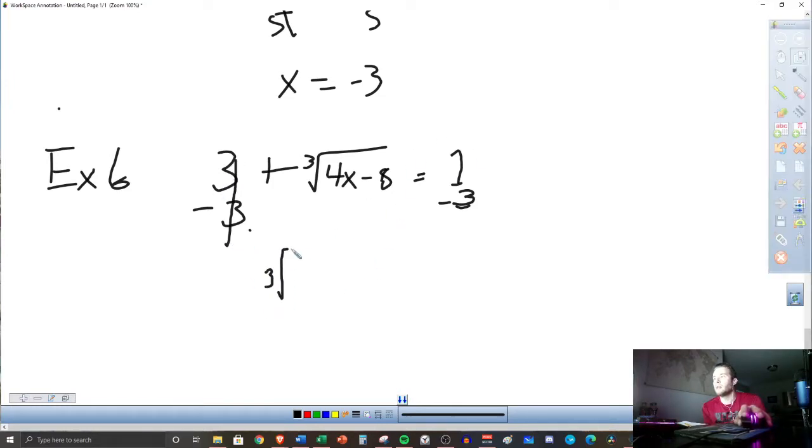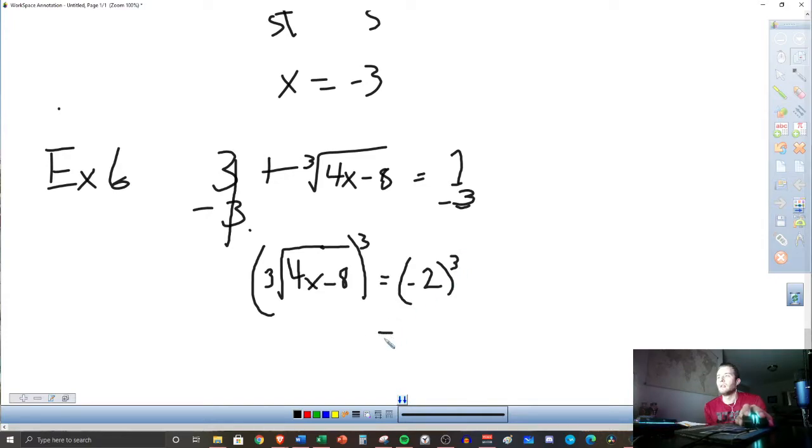This is gonna cancel out. We get cube root of 4x minus 8 equals negative 2. Then we need to cube both sides. That gets us negative 8 here. This is 4x minus 8. We're just gonna go ahead and solve this.